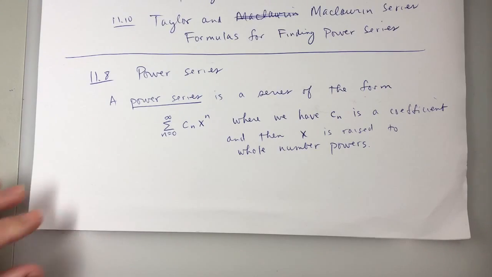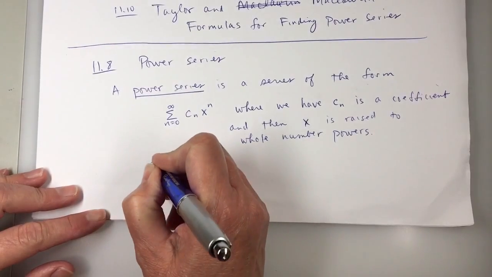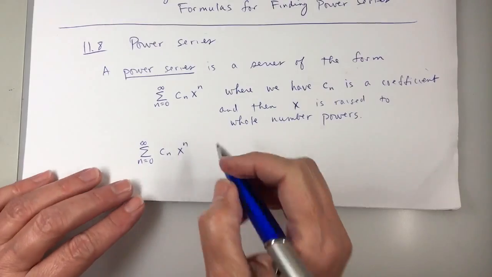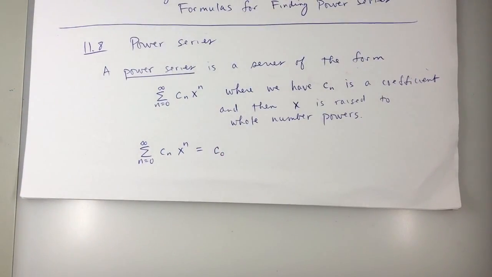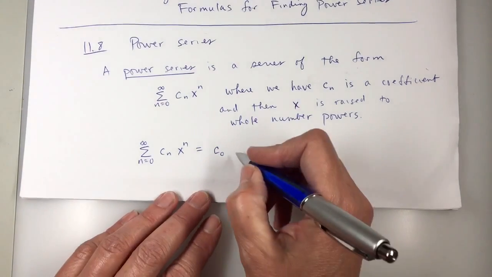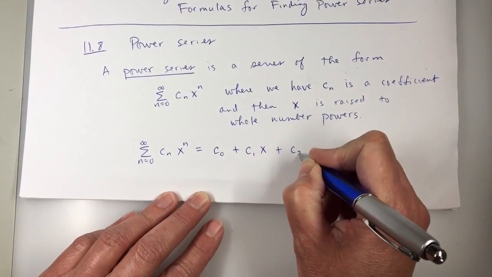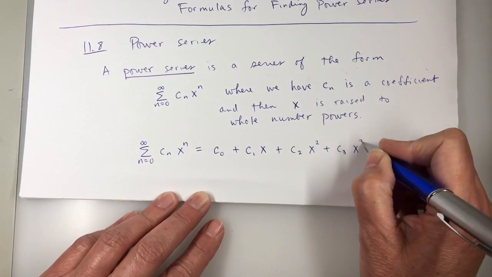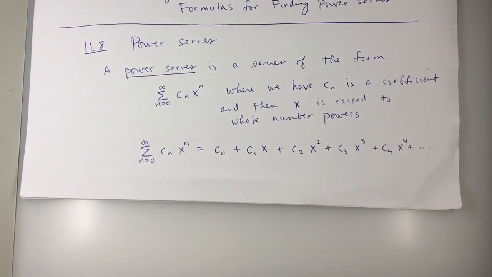So I'm going to write out a few terms here. So I'll have the sum as n goes from 0 to infinity. C sub n x to the n would be c sub 0, whatever the coefficient is, that would have x to the 0 being 1, plus c sub 1 times x to the first, plus c sub 2 times x squared, plus c sub 3 times x cubed, plus c sub 4 times x to the fourth, plus ... continues forever.